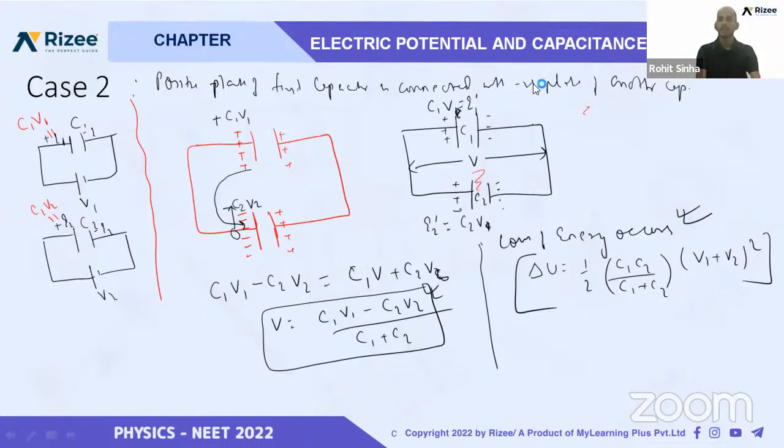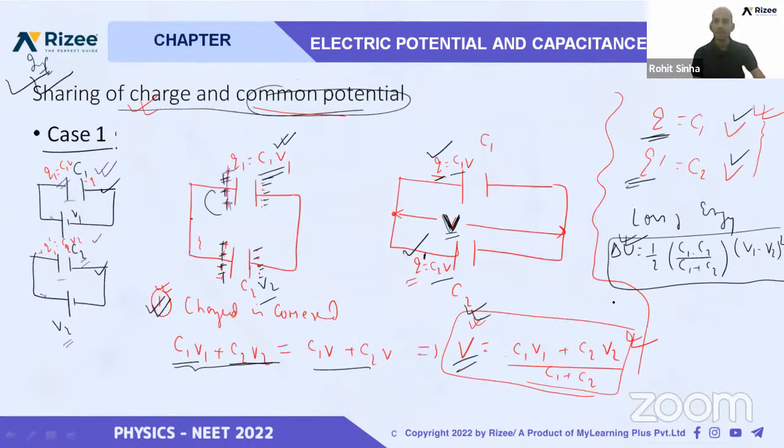Why do you use this formula for energy? I'm telling that. It has some derivation, but I'm not going into the derivation part, that's why I've written it here. How can you find it?